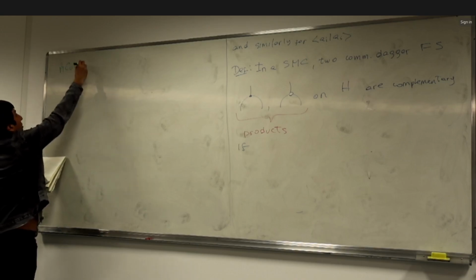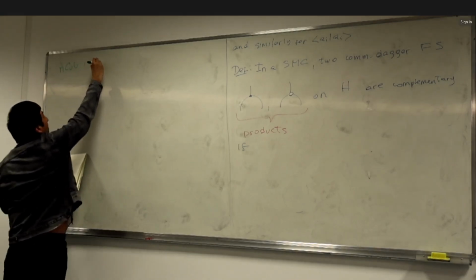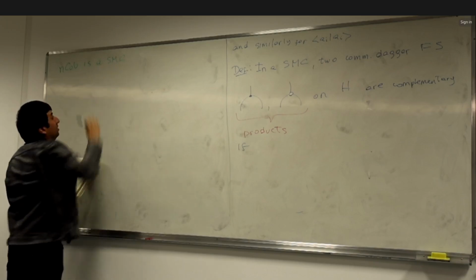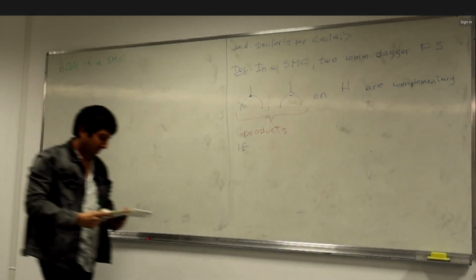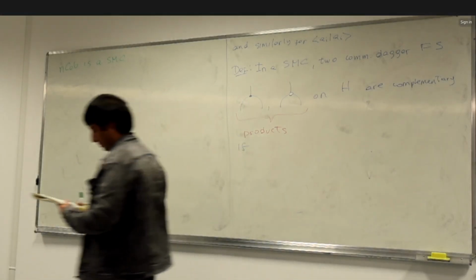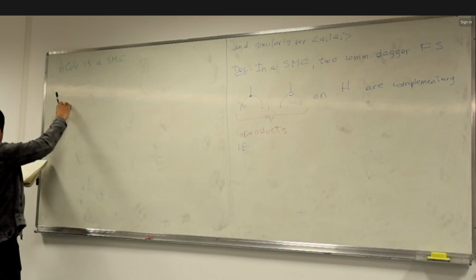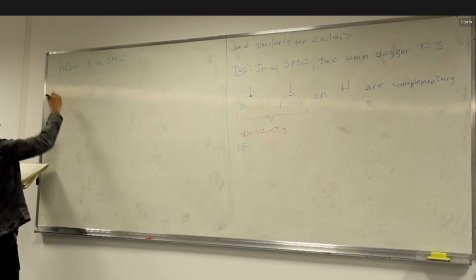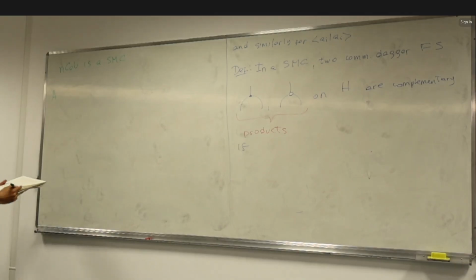I hope this claim is correct. nCob is a symmetric monoidal category, with disjoint union as the monoidal product.